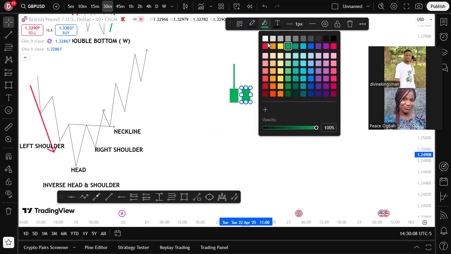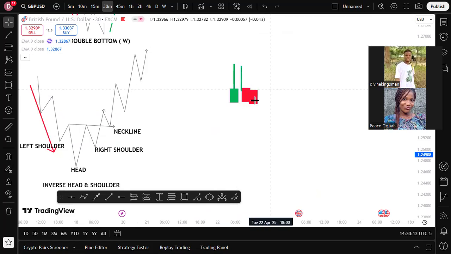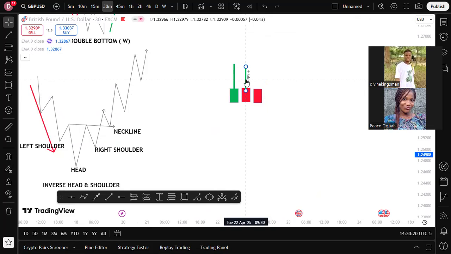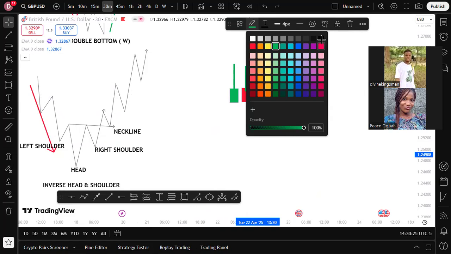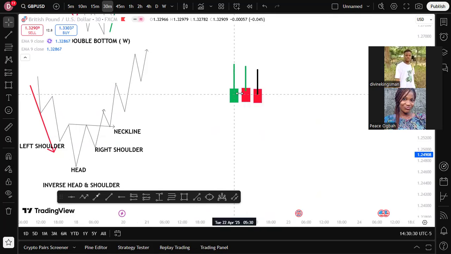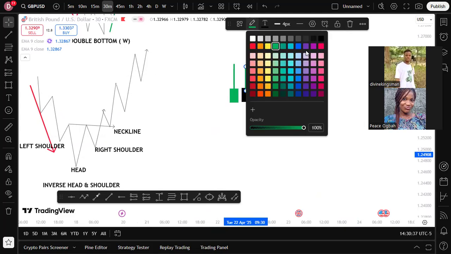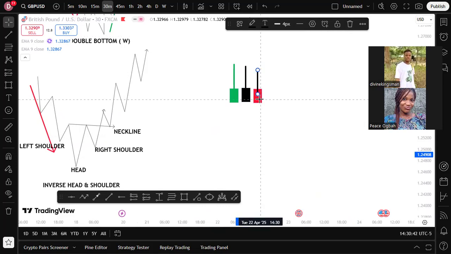Sometimes you can just see all of them showing one particular thing. Let me use black for all of them so that it will not confuse you. I'm going to use black instead of red or green, because you can see it as black, red, or green. It doesn't really matter.